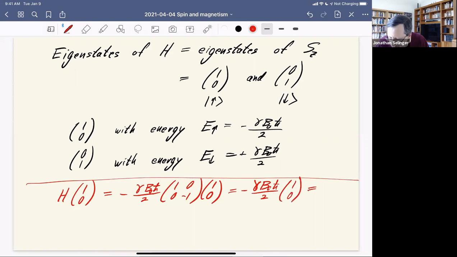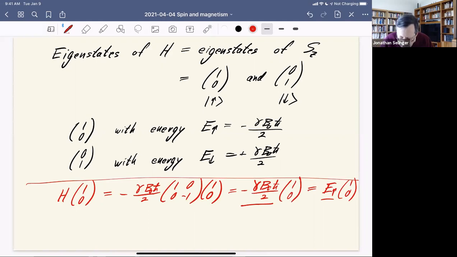That is equal to E up times the state 1, 0. So E up equals this thing.